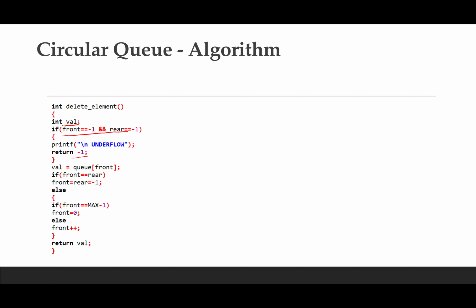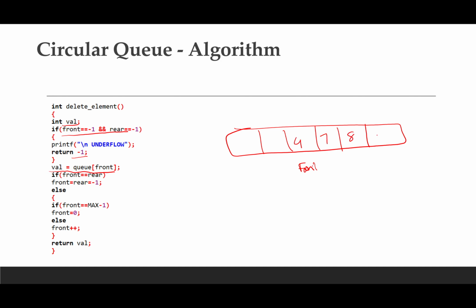Then next we are assigning VAL is equal to Q of front. For example, if the Q is like this, and this is the front position, and here the values are like this. So what will happen in VAL?